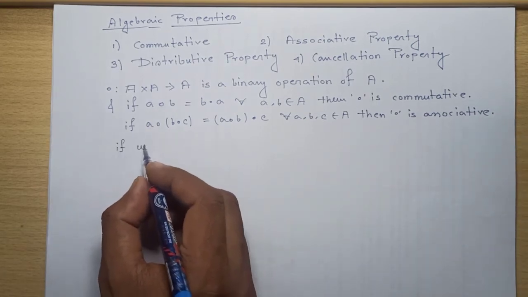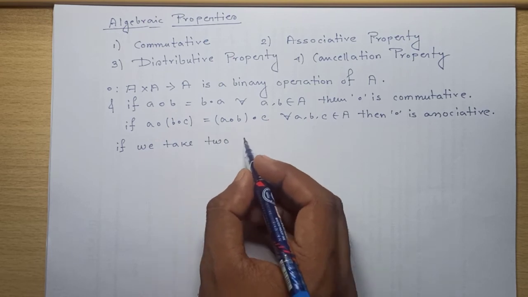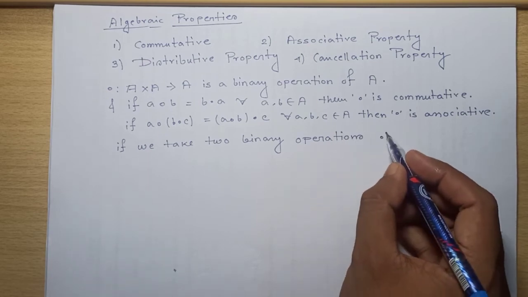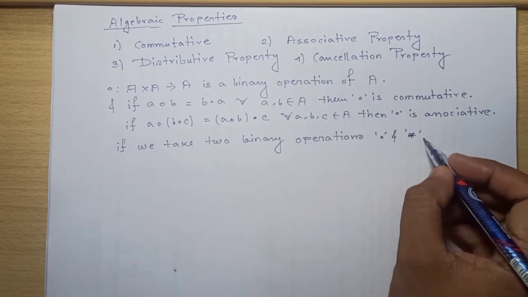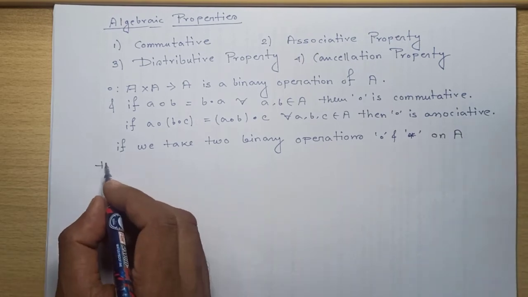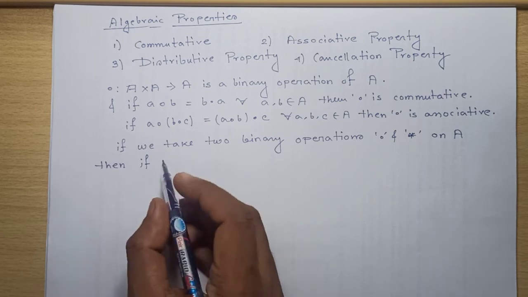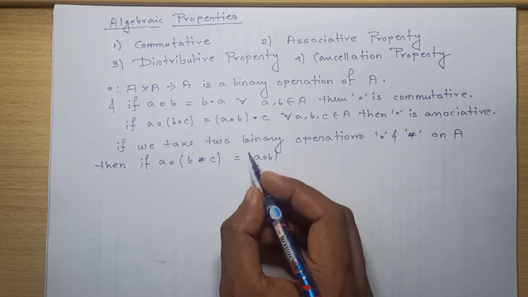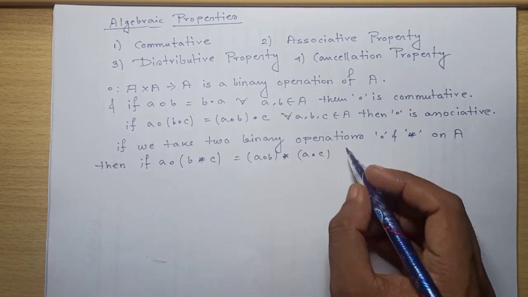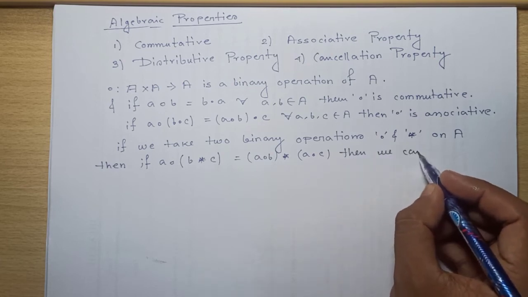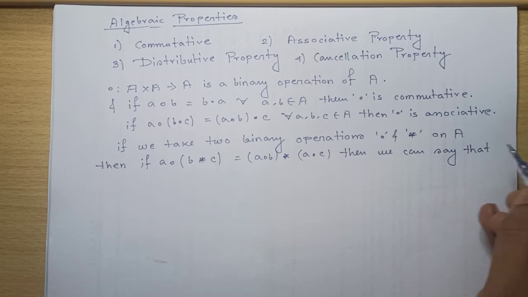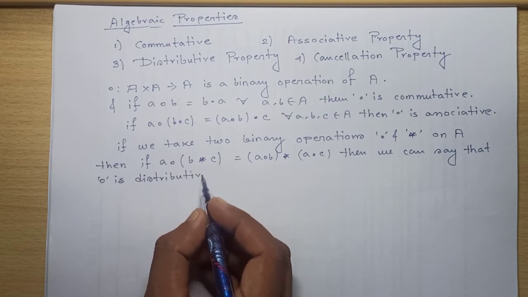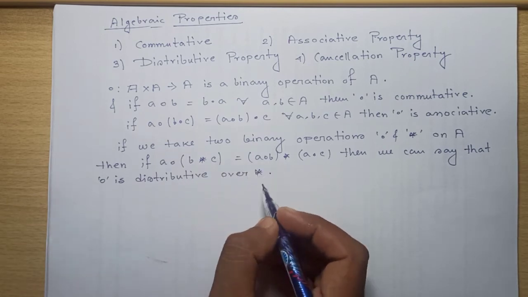If we take two binary operations, compose and asterisk, that is star, on capital A, then if a compose (b star c) equals (a compose b) star (a compose c), we can say that compose is distributive over the operation star.